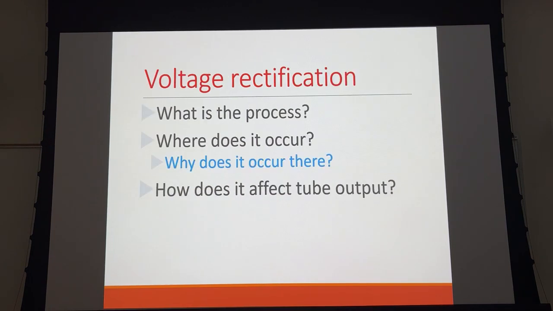All right. So voltage rectification, we talked about that. Voltage rectification is changing alternating current to direct current, and it occurs in the high voltage section because we need that alternating current to make all of our transformers work. It doubles our tube output, so instead of having alternating current and losing that negative side, we actually utilize that.